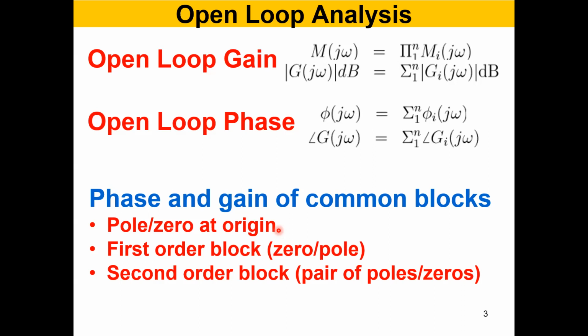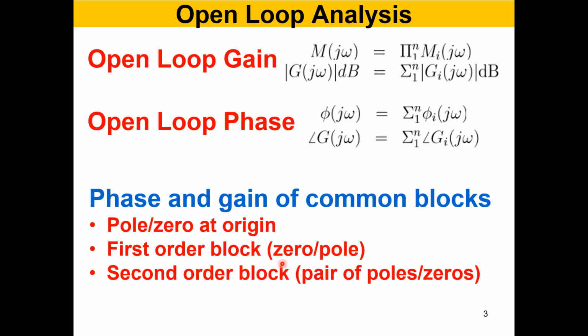If there's an isolated S in the numerator, it is a zero at the origin. And if you see an isolated S in the denominator, it's a pole at the origin. Okay, this is one common elementary block. But in addition, you have the first order block, zero or pole.